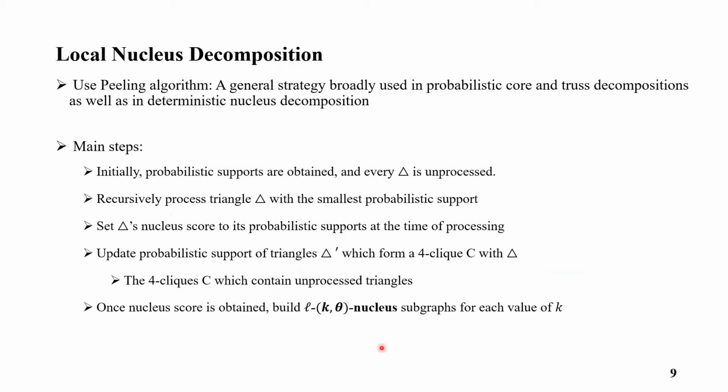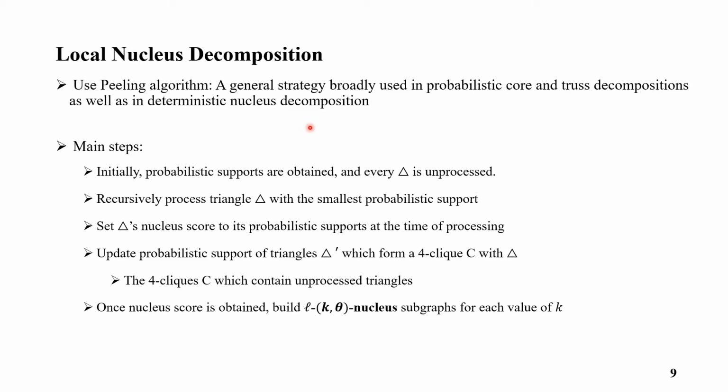In order to find the local nucleus decomposition, we use a peeling approach, which is a general strategy used in probabilistic core, truss, and deterministic nucleus decomposition. So the main idea is that triangles are processed based on their probabilistic support, and we recursively process the triangle with the smallest probabilistic support.